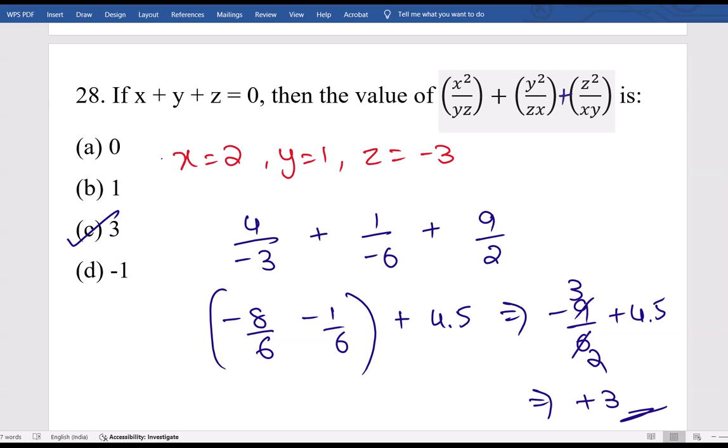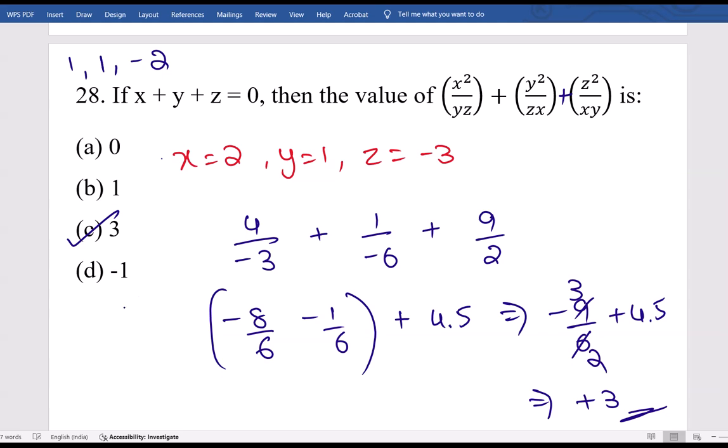Try like that, that is easy for you. Give a try with 2, minus 1, minus 2 or 1, 1, minus 2. I'll also check, I'm trying 1, 1, minus 2.